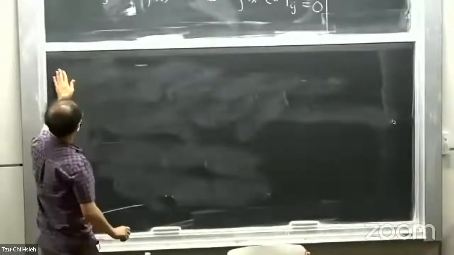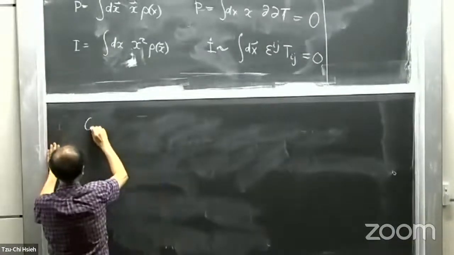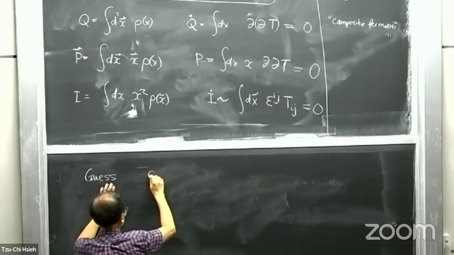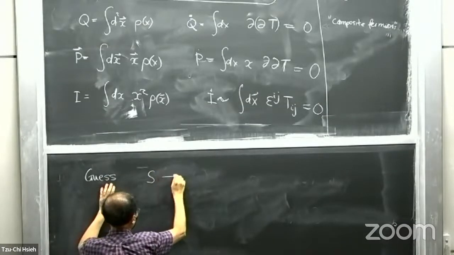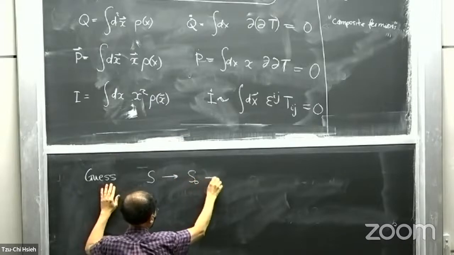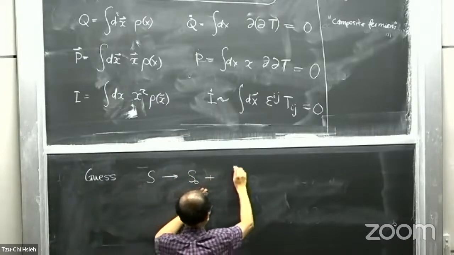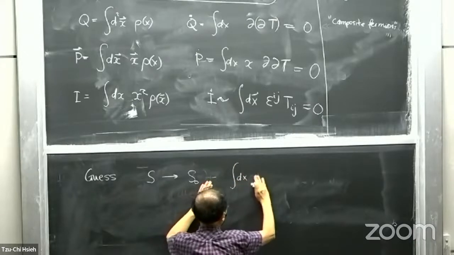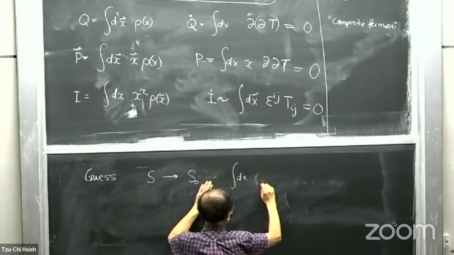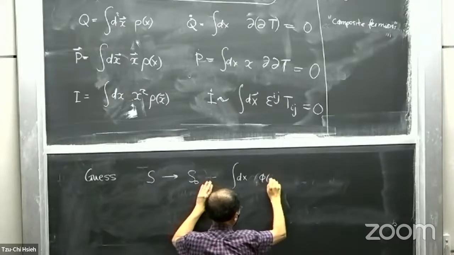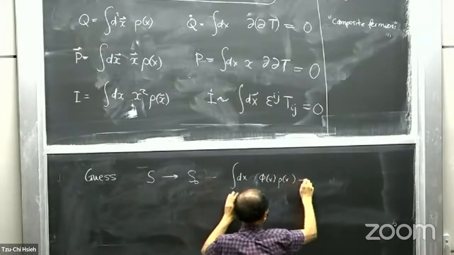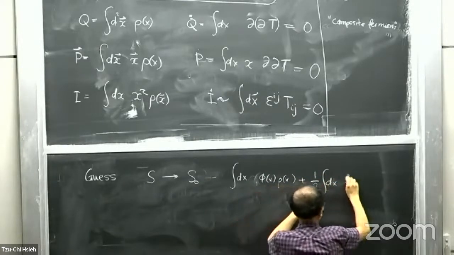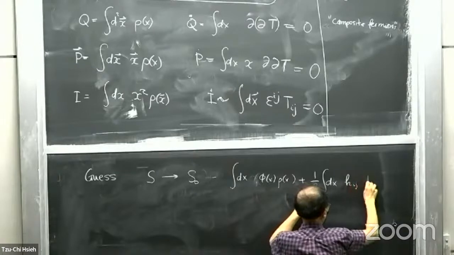Right? So I'm going to make a guess that we can couple our theory by including into the action some term that looks like the integral over x of phi(x) times rho(x), plus, let me write even more pedantically with a 1/2, H_ij T_ij.